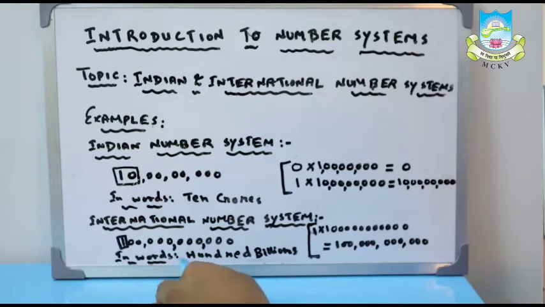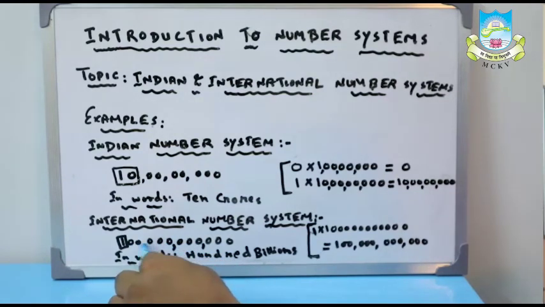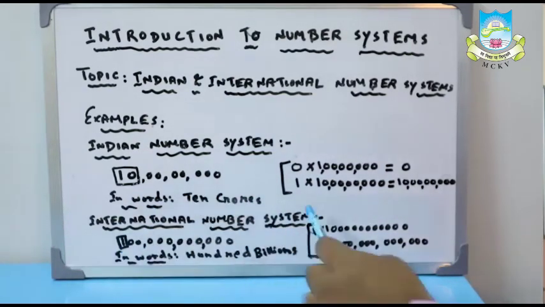So in words, this particular number that I have written is actually 100 billions. How many digits does it have? It has 1, 2, 3, 4, 5, 6, 7, 8, 9, 10, 11, 12 digits. Now I have put a box around this extreme leftmost digit 1. What does it mean?